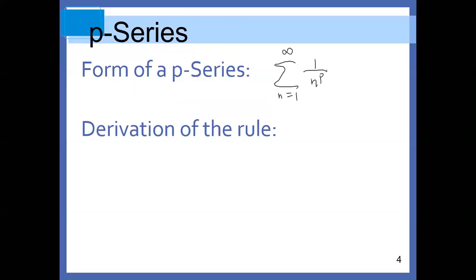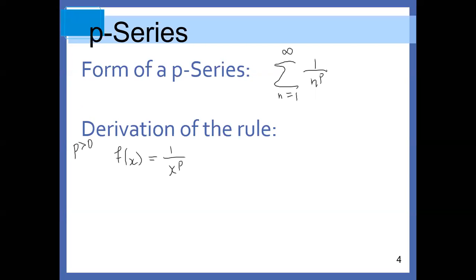Now, what about 1 over x to the P? Is that positive and decreasing? So think about it. F of x equal to 1 over x to the P. Let's just restrict ourselves to P greater than 0, because P less than 0 is going to be kind of silly.